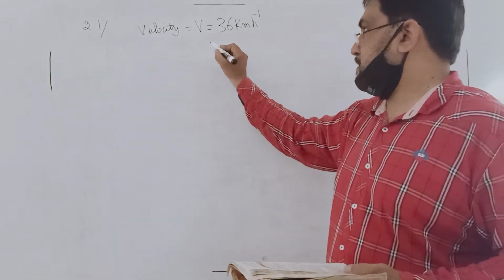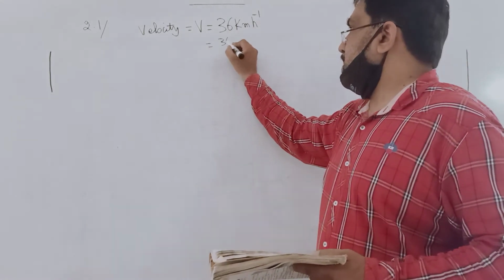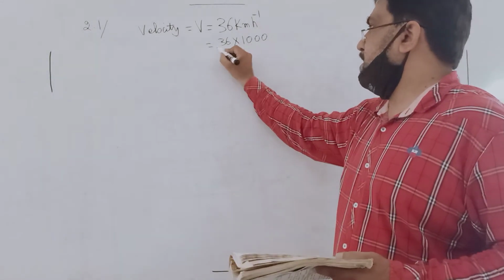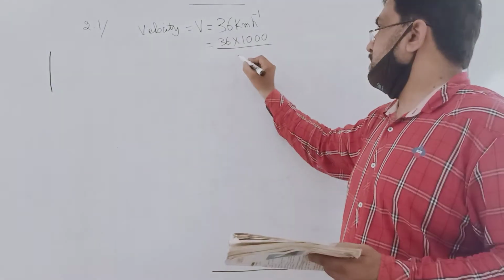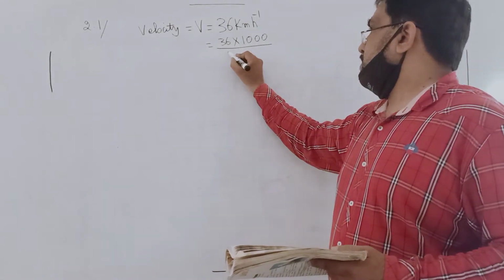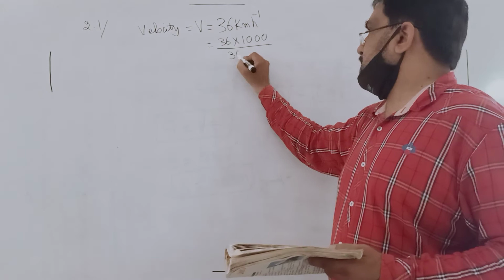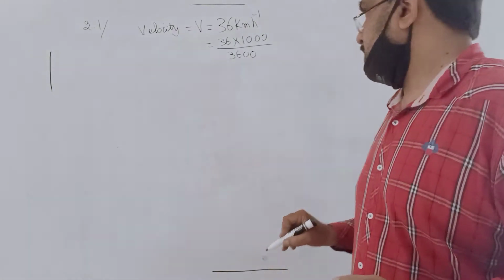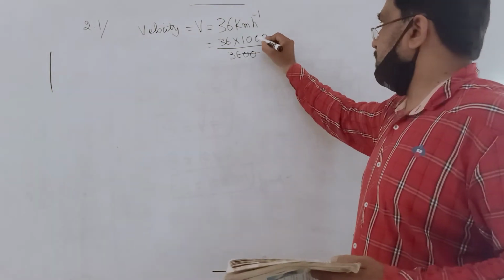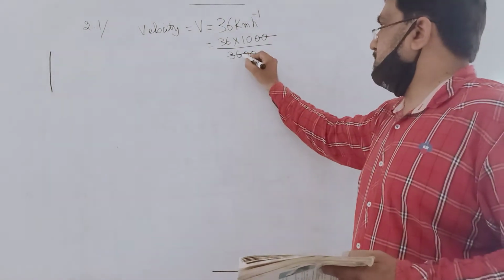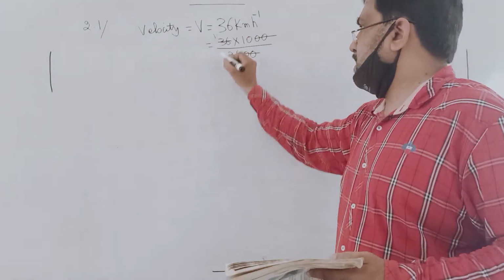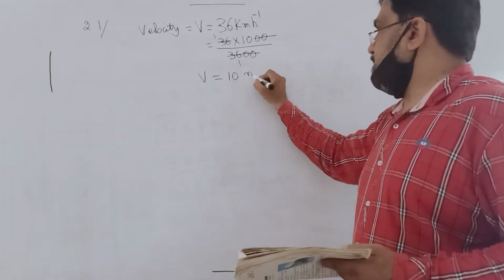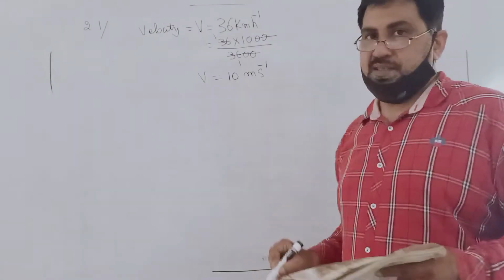For this, 36 multiplied with 1000 and divided by 3600. Double zero cancelled with double zero. 36 cancelled with 36. So velocity is equal to 10 meter per second.